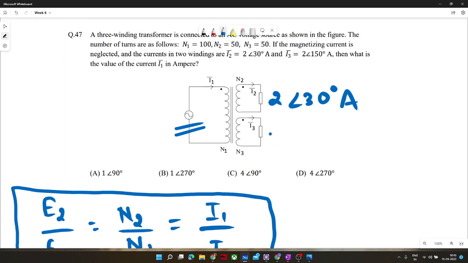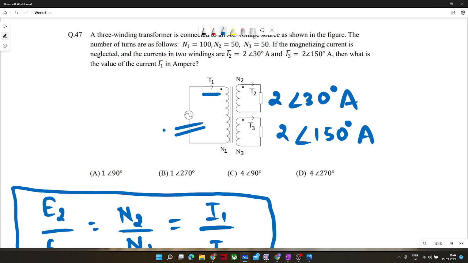And in the third winding, the second load, where I3 is denoted, it is taking a load of 2 angle 150 degrees. We need to calculate I1. Since all the currents come from the supply only, all the loads draw from the supply. So how much would be I1?